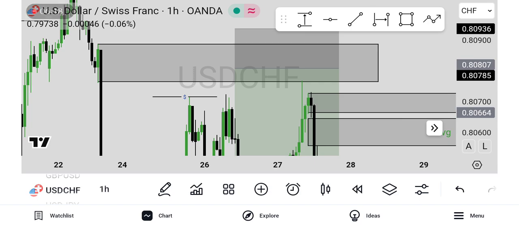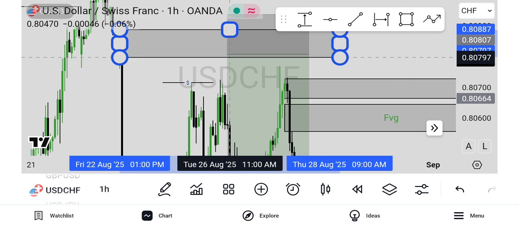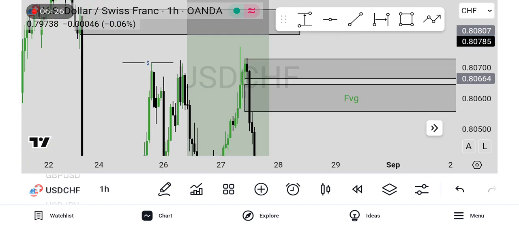If I had covered the whole of the candle, price would have tapped me in. But I didn't cover it. Maybe that was the mistake I made.